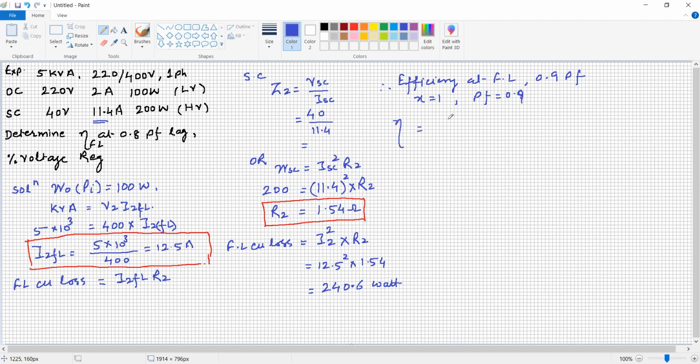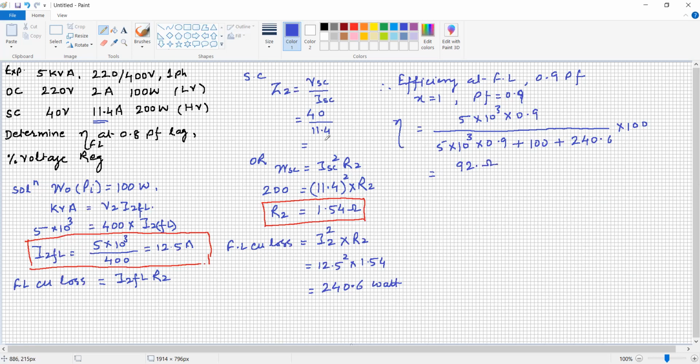Efficiency is equal to 5 into 10 raised to 3 multiplied by 0.9 divided by 5 into 10 raised to 3 multiplied by 0.9 plus iron losses 100 plus copper losses 240.6, into 100, and the efficiency is 92%.